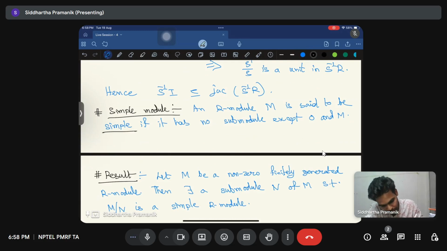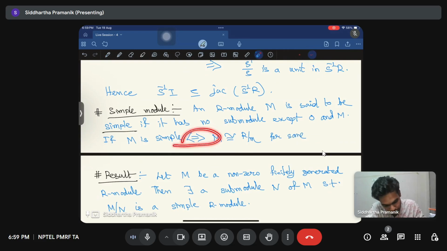And one thing, if M is simple, that will imply M is isomorphic to R mod some maximal ideal. So this is if and only if.